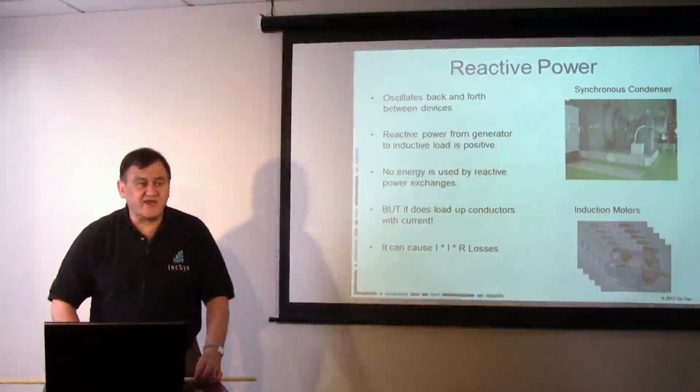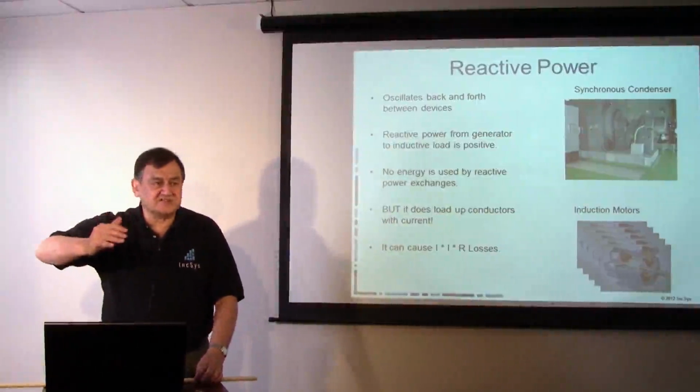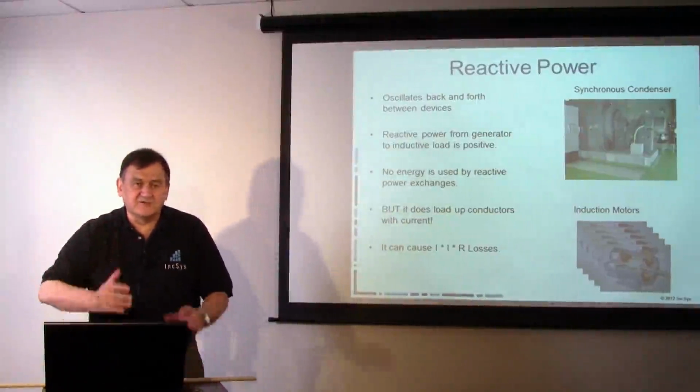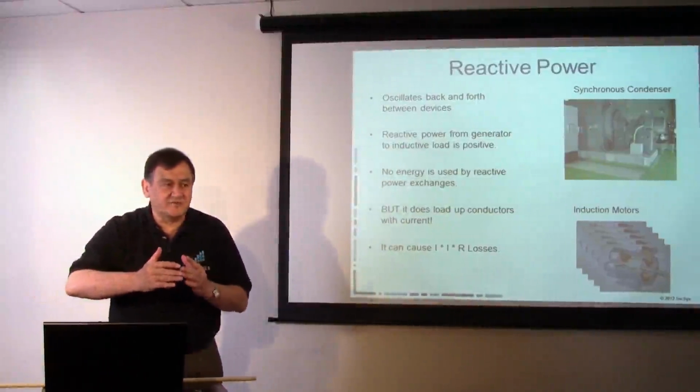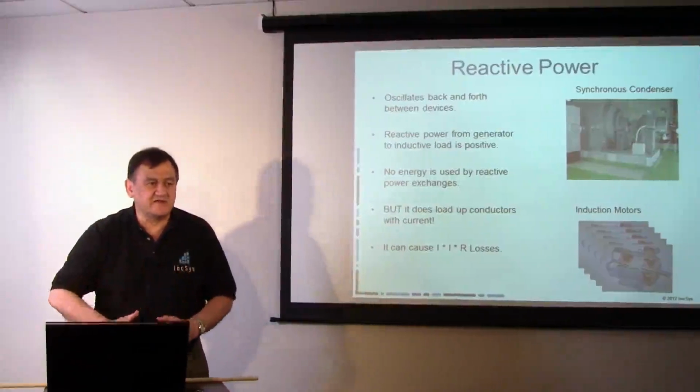Now the other type of reactive power is capacitive reactive power. With capacitive reactive power, you're talking about energy that is stored in an electric field. Capacitors basically have two plates, and we store energy in that field by piling up electrons on one plate. So we've got an excess of electrons on one plate and a deficiency of electrons on the other plate.